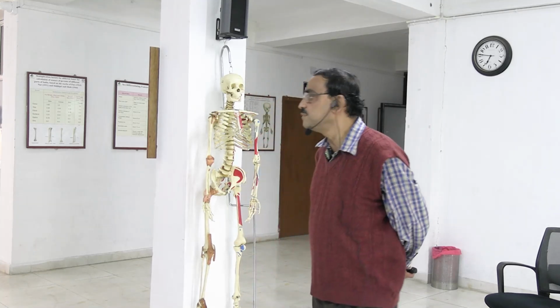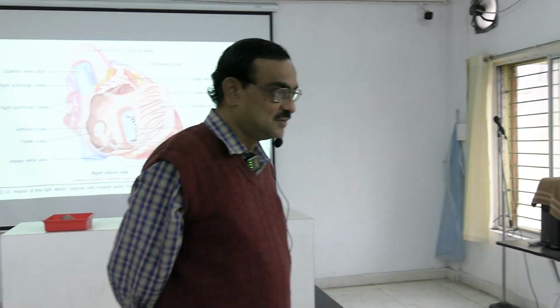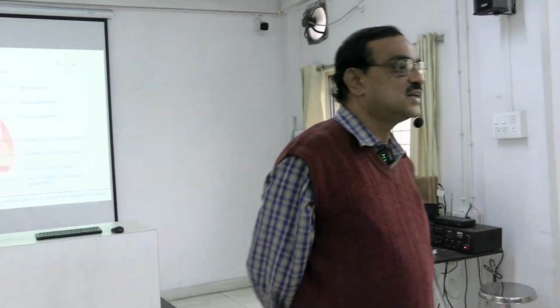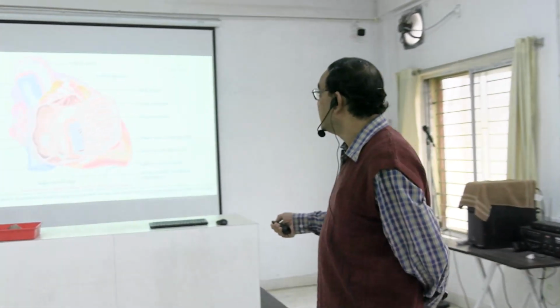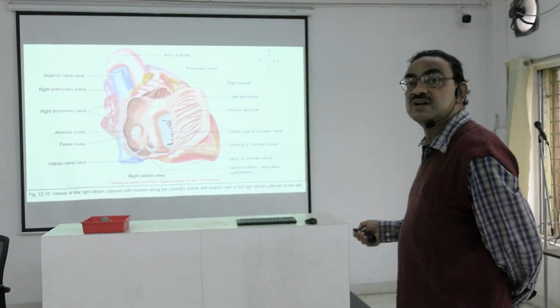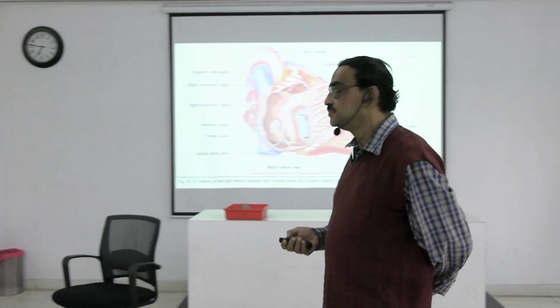They are called the SA node, AV node, bundle of His, and Purkinje fibers. You already have some idea from your +2 level. The SA node is the most important, and here we can find its position.